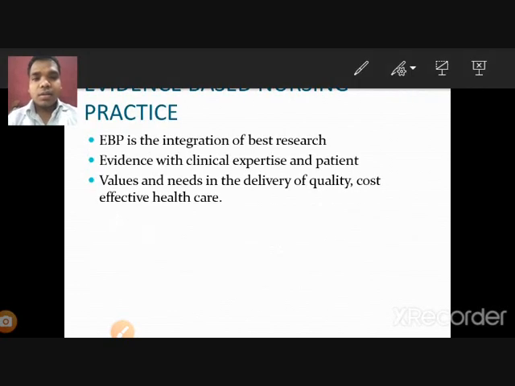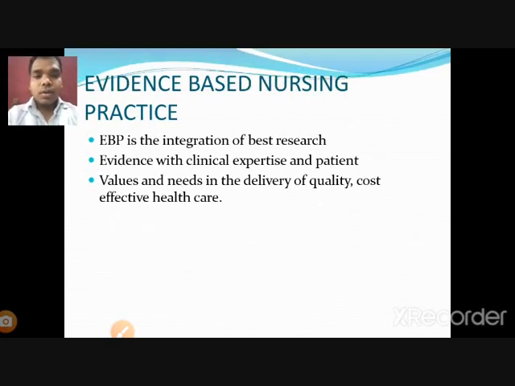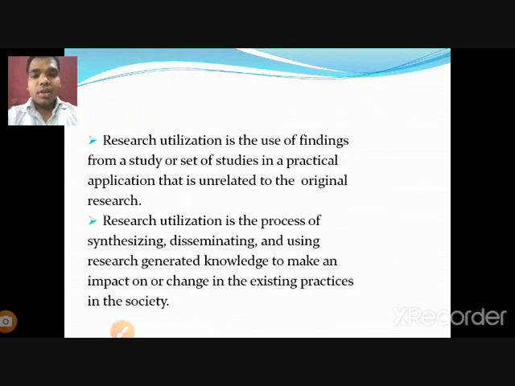Research utilization. What do you mean by research utilization? Let's see. Research utilization is the use of findings from a study or set of studies in a practical application that is unrelated to the original research.